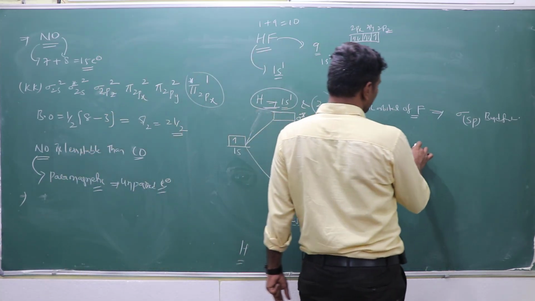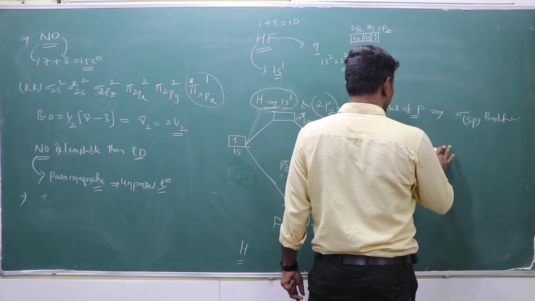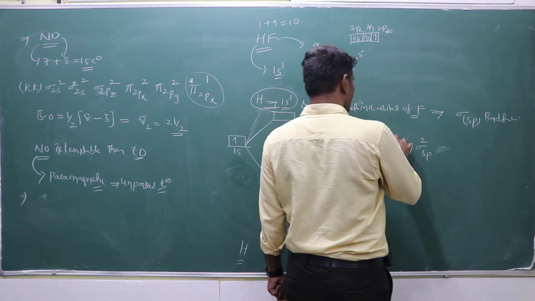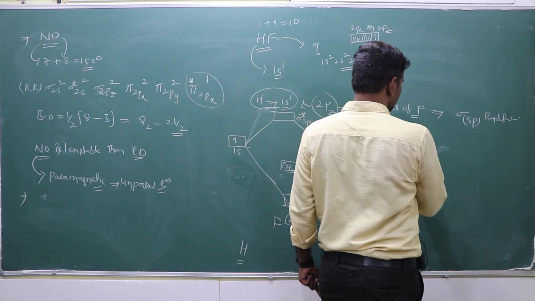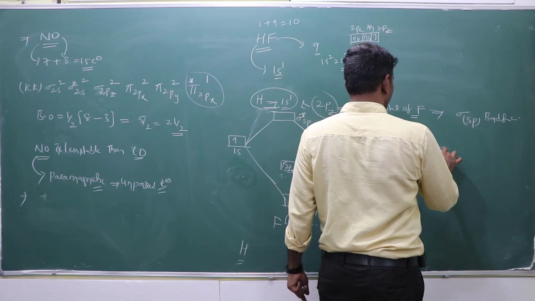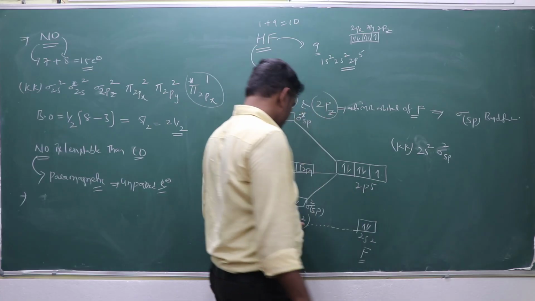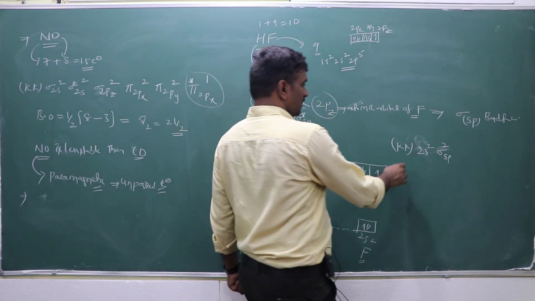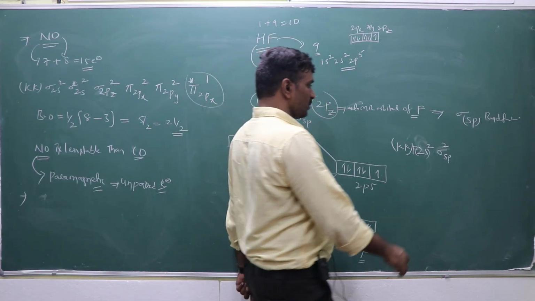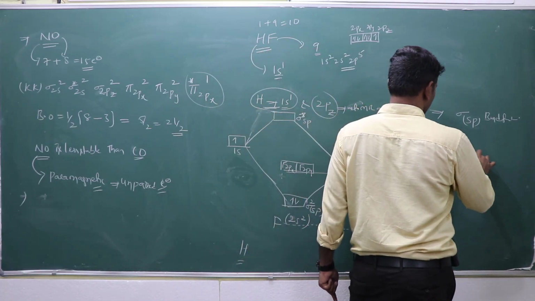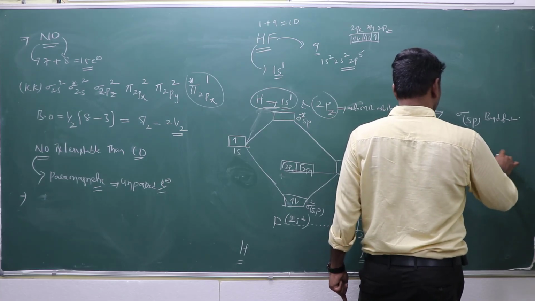Based on that, the electronic configuration: sigma KK shell, sigma 2s2, sigma 2sp2, and 2px2, 2py2.